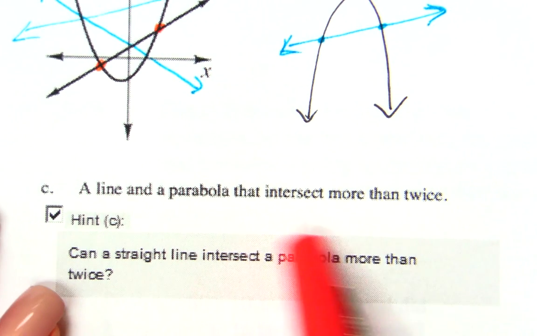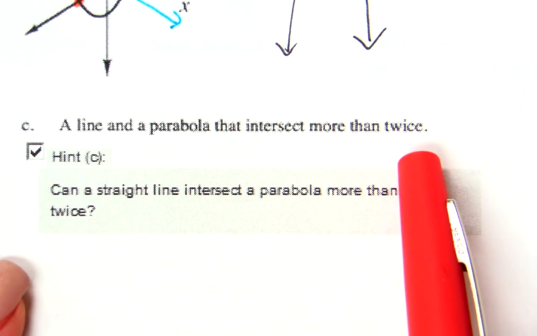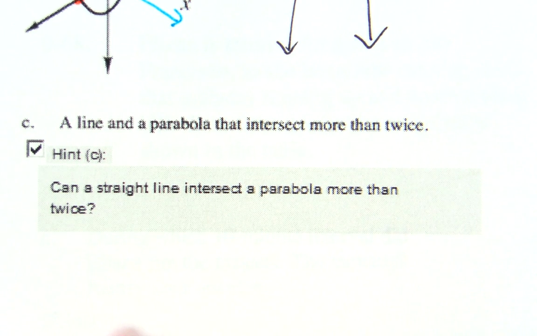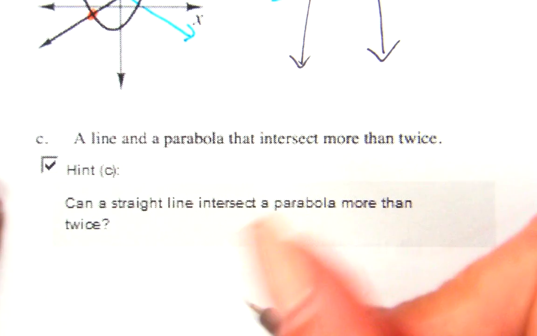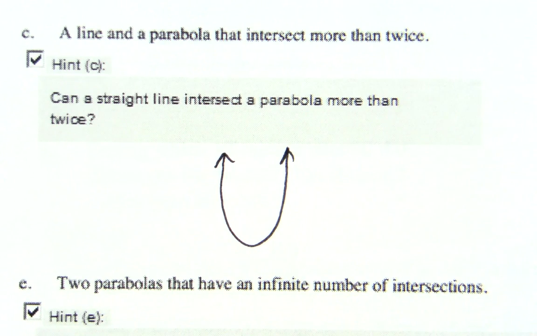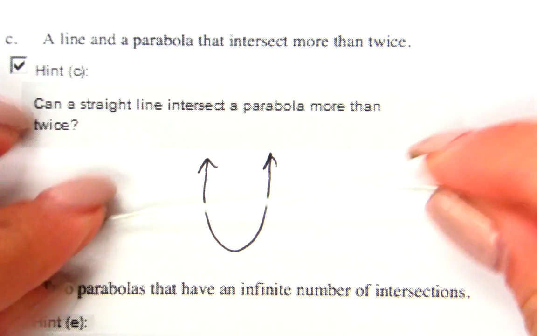A line and a parabola that intersect more than twice. Can a straight line intersect a parabola more than twice? The reality is no, it can't. So anywhere that you're going to put a parabola, let's just say the original going up, if you only have one line, and I'm going to use a paperclip as a line so that you can get a fairly good example of it, then the reality is no, it will not intersect more than twice.